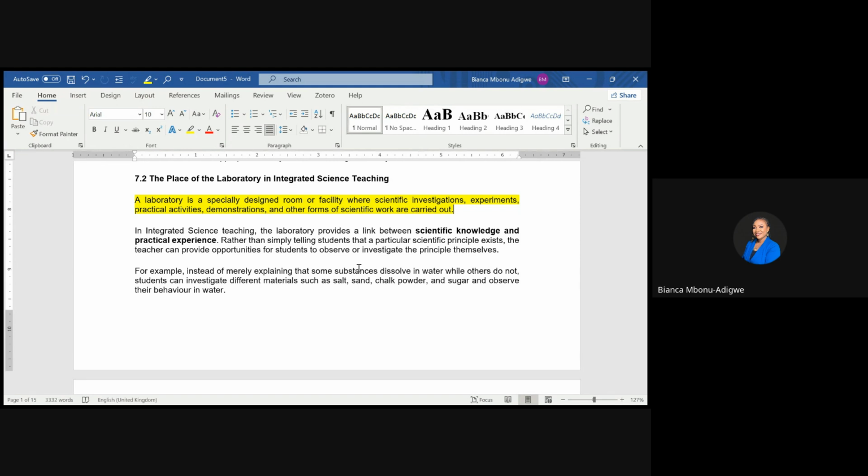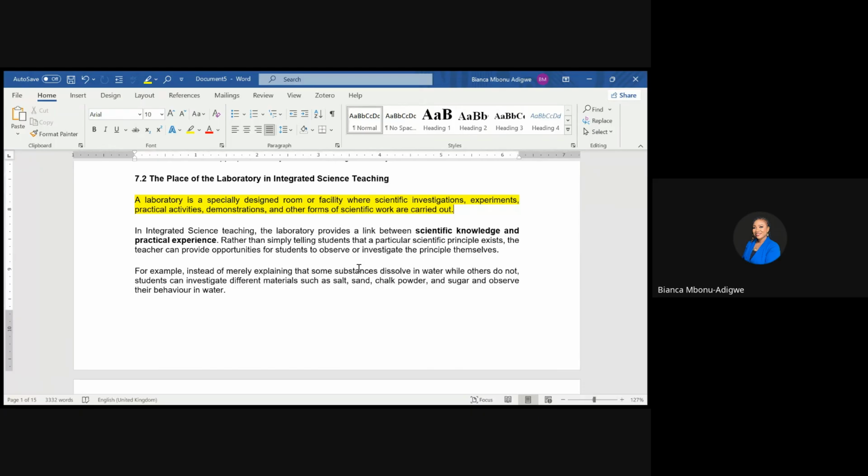So instead of telling students a particular principle exists, for example, that if you put oil in water, it is going to float, since oil is hydrophobic, you can actually demonstrate it in the laboratory. The laboratory is usually a controlled environment, so things do not go every which way.